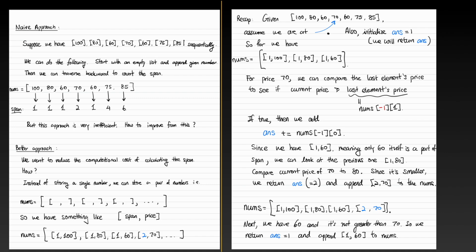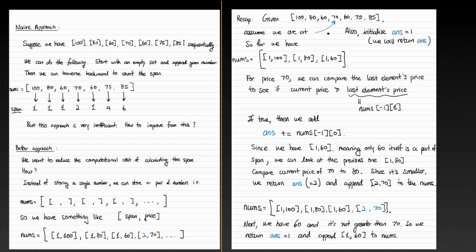So for the optimized approach, the key part is that we want to reduce the computational cost of calculating the span. How should we do this? Instead of appending a single number to our list, we can append span and price. So nums will be a list of lists, where the first number of each element is the span of the current price.